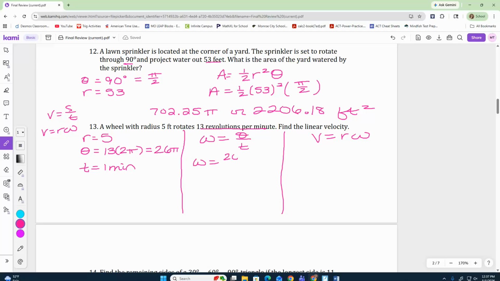So that would be 26 pi over 1, or 26 pi. So then v equals r times omega. So that gives me 130 pi. My units are, my radius was in feet. It's a speed per, my time was in minutes. So 130 pi feet per minute.